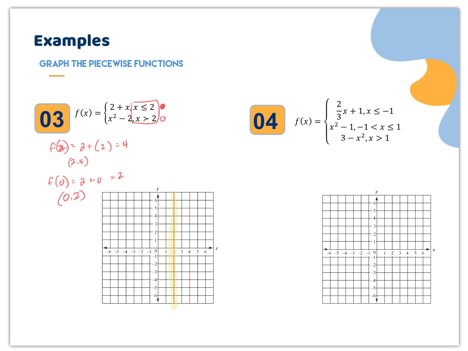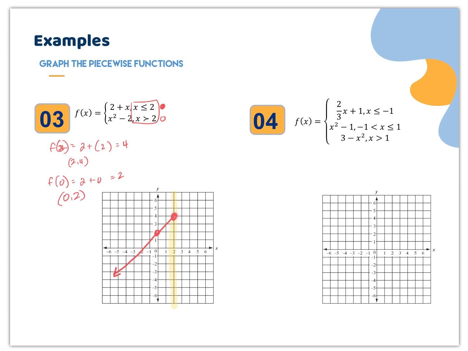And then I'm going to graph the top line, the 2 plus x line. If x is 2, y is 4. So there's my first dot right there at 2, 4. If x is 0, y is 2. That goes here. And so I see that when x is less than or equal to 2, this is the line of 2 plus x.